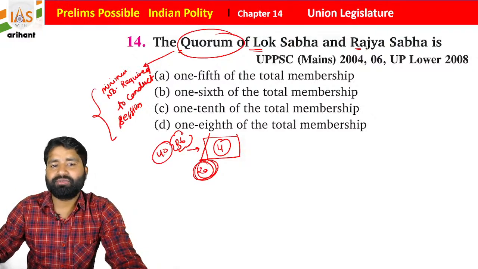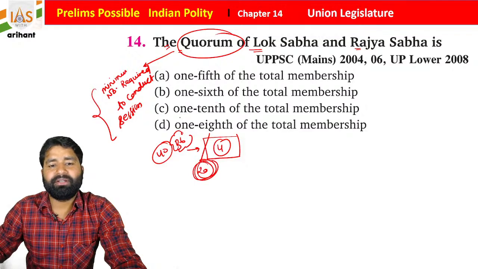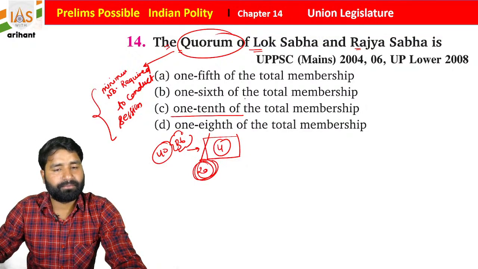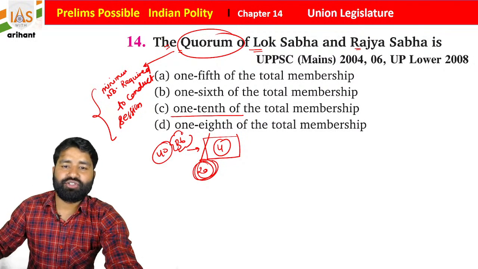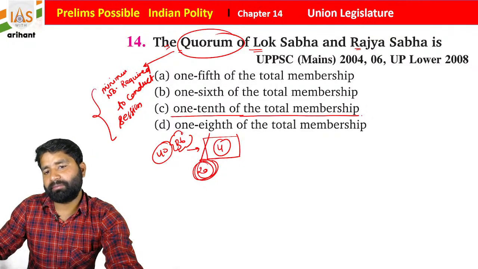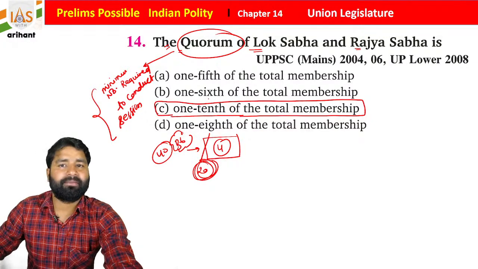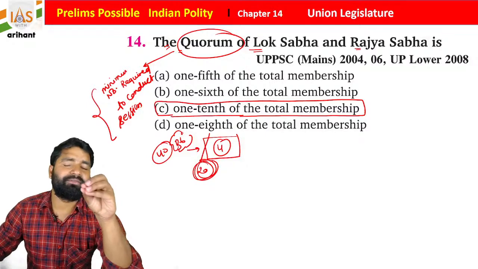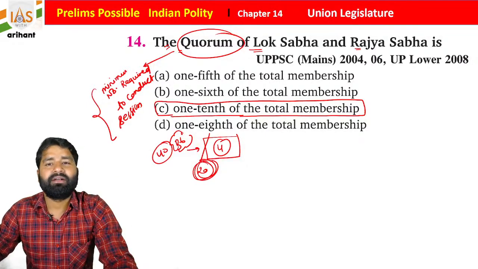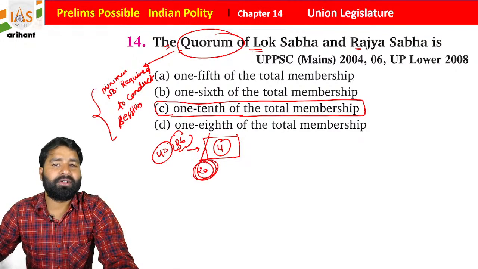So in the same way, students, Article 100 for Lok Sabha and Rajya Sabha says that it should be 1/10 of the total membership. Let's suppose 543 seats are there. So at least 54 seats are required to conduct the session for Lok Sabha.